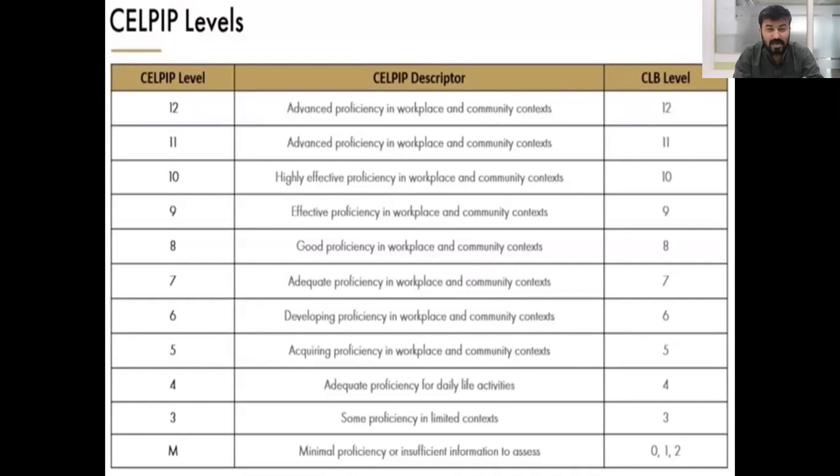So that is the highest level one can achieve in CELTIP. Okay, and for those who are planning to attempt it as a requirement for immigration files, it is said that the one who is scoring above 9 is also eligible to apply. So please make sure that you aim really high whenever you are appearing for this test.